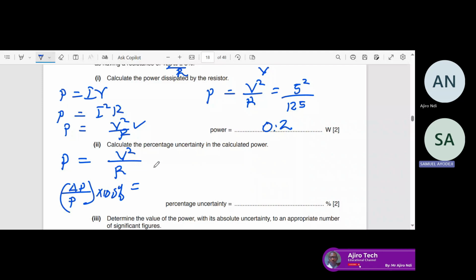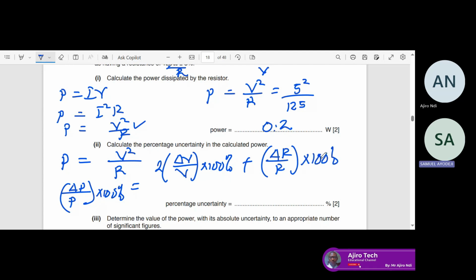That's how to write the formula. The uncertainty is ΔV over V times 100, plus ΔR over R. It is plus, so you don't use over. I have ΔR over R. So maybe you understand this concept.